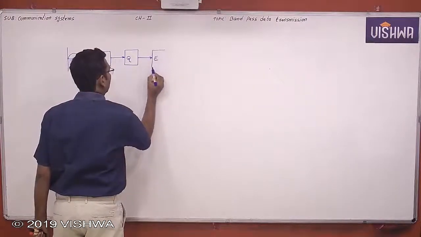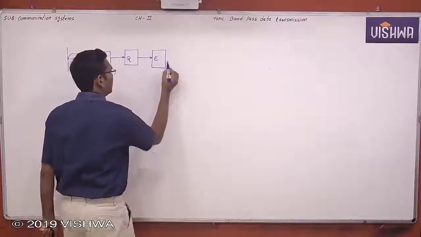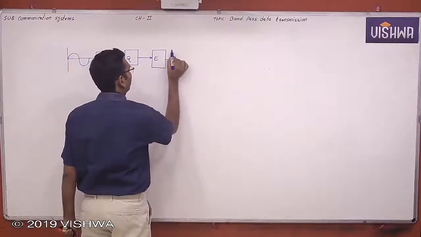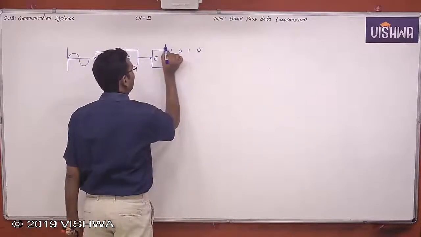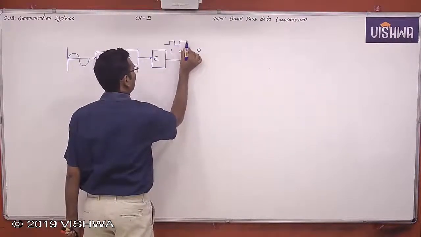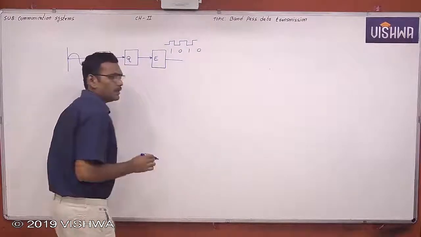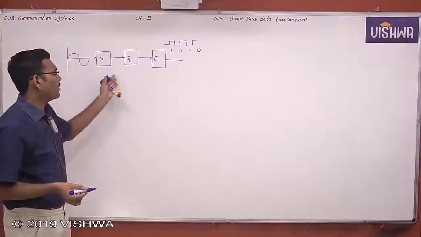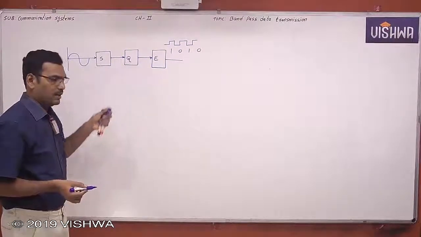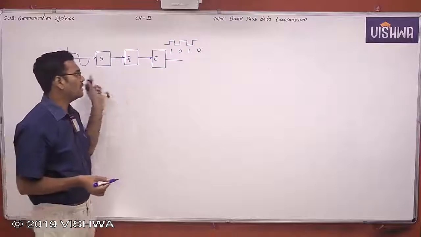You know that the output of the encoder is a sequence of ones and zeros, rectangular pulses. So far we have completed sampling, quantization, and encoding, and the different types of techniques: PCM, DPCM, all these things which we have finished.